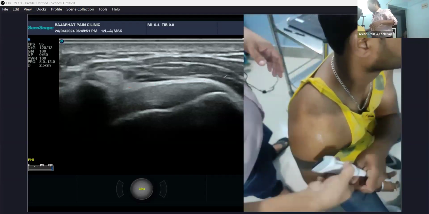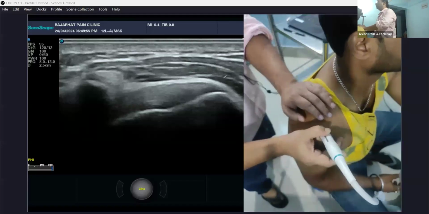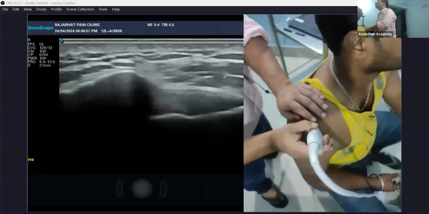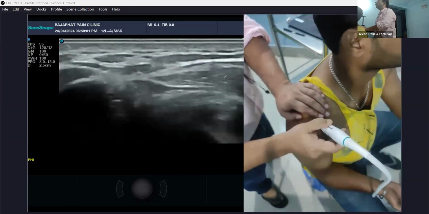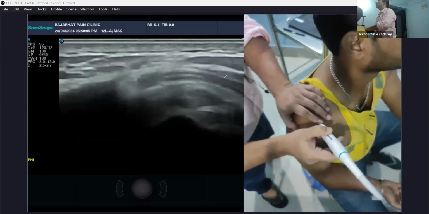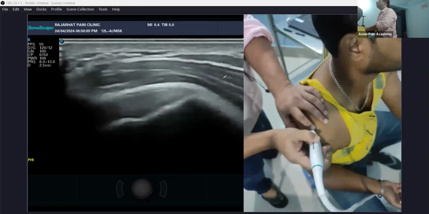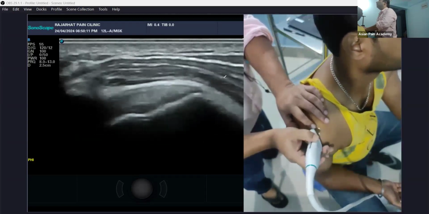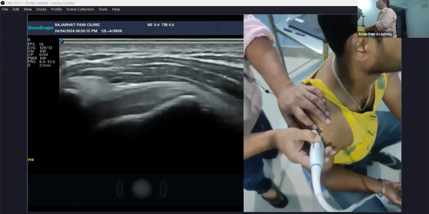Again, I'm showing you the area. Try to understand. No, it is not clearly seen. Here, between the white line there is a black line.